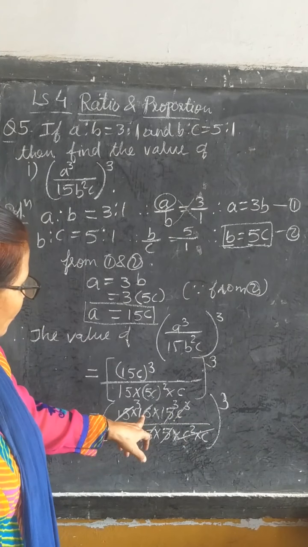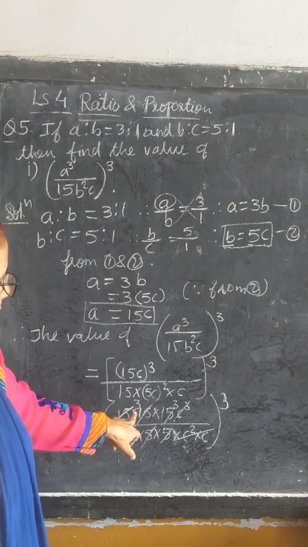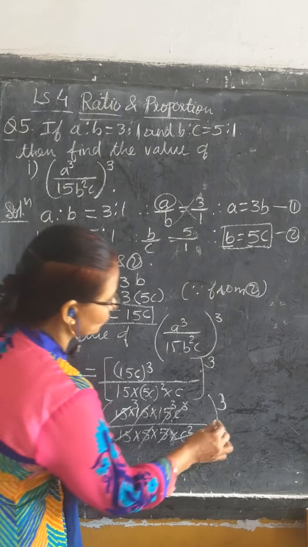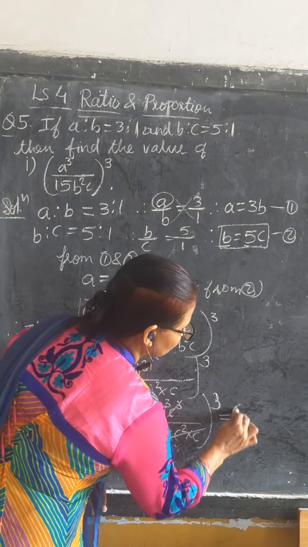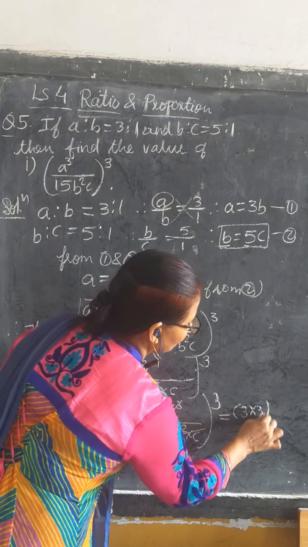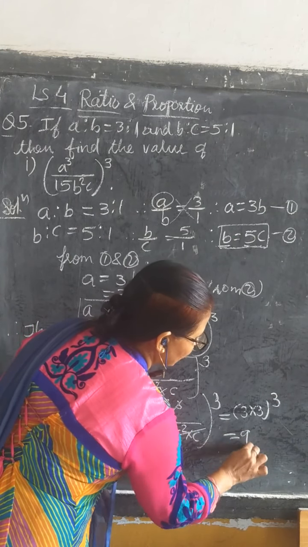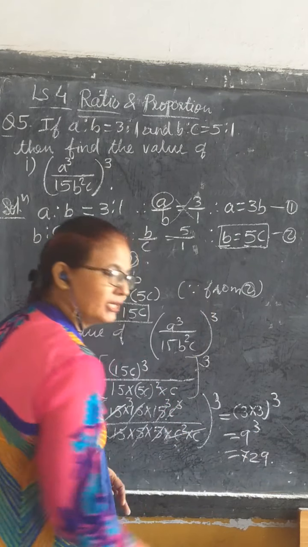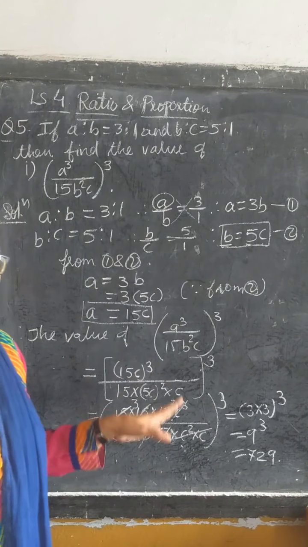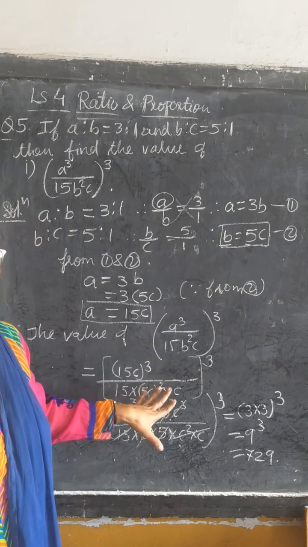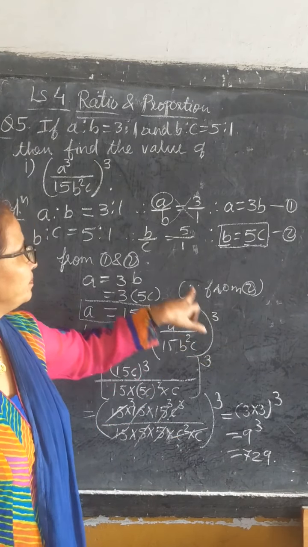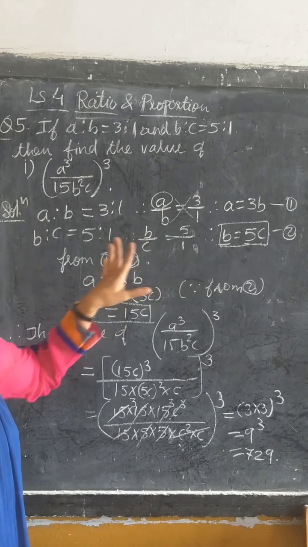So in this way you can see in the bracket you got 3 into 3, that is 3 into 3 whole cube, that is 9 cube, and 9 cube is 729. The sum is easy, but take care while solving as there is whole cube given, and remember the steps.